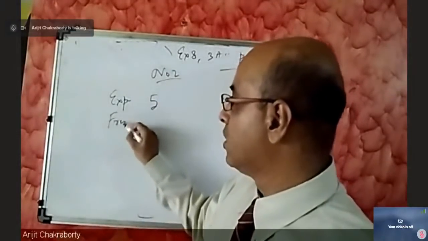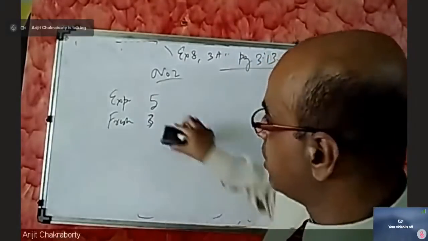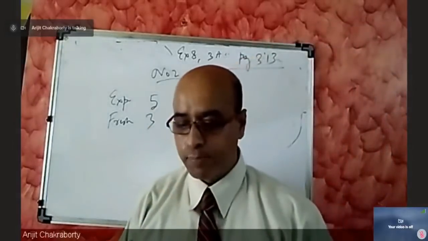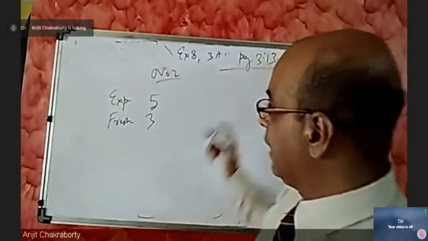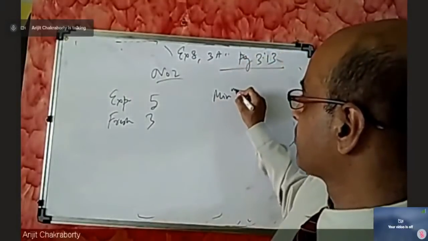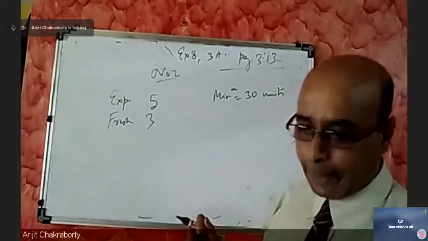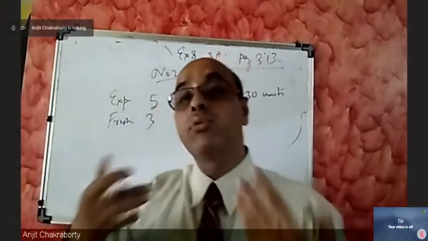But the employer has to maintain an output of at least 30 units of work per day, minimum 30 units of work per day. So how do we express this situation as an inequality?